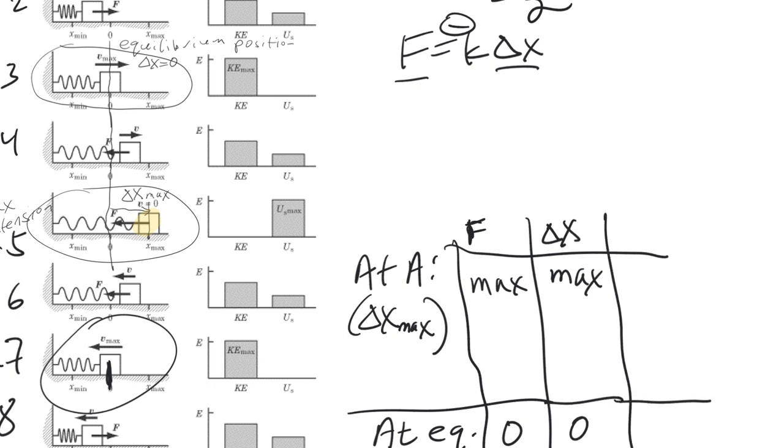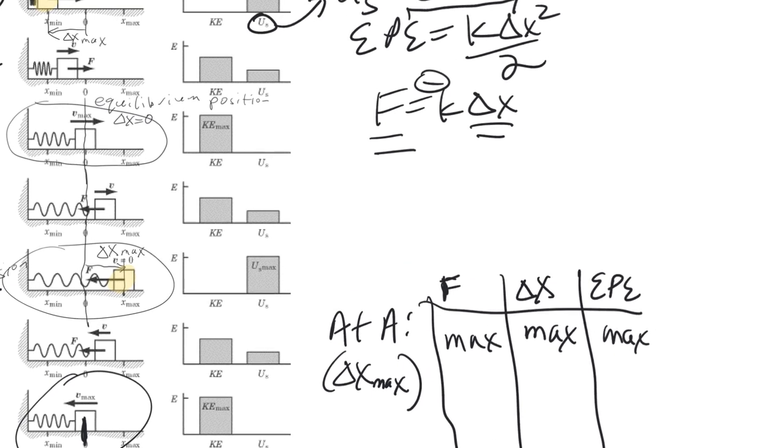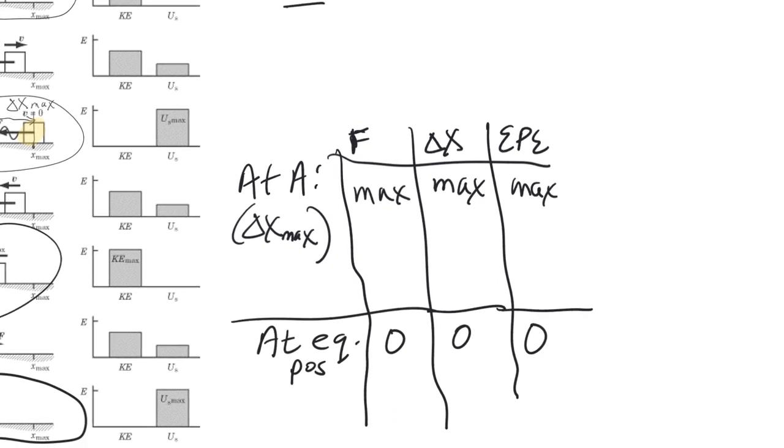Because X is greatest at those spots, so is the elastic potential energy. And then it's 0 at the equilibrium point because there's no delta X. If there's no delta X, there's no delta F, and that would happen at the equilibrium point.